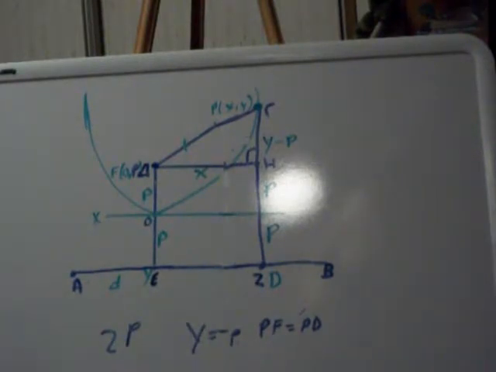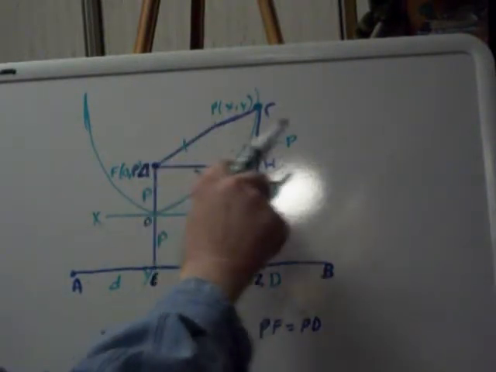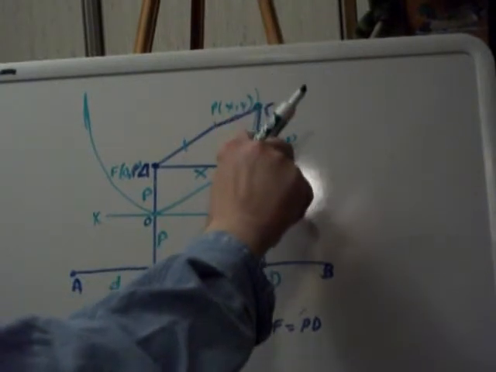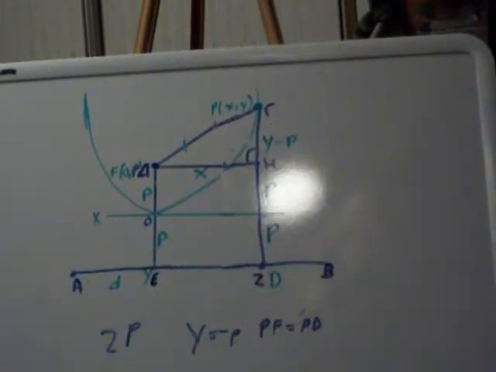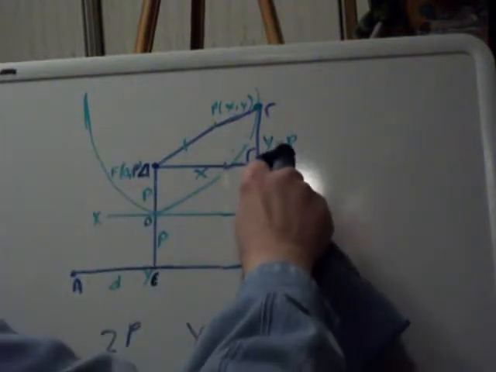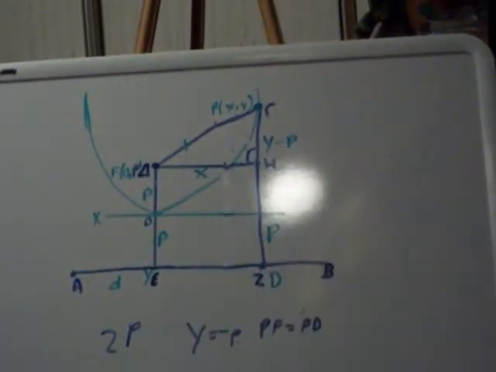So this line is the length of x. This line here is y minus p. Because the actual length, if I understand this right, okay, so we got an error here. These are lowercase p's.